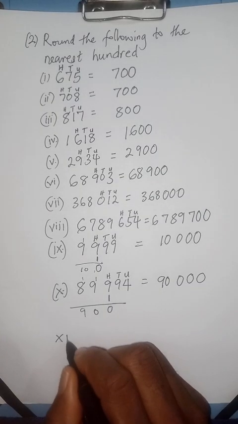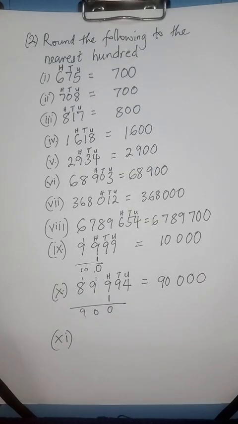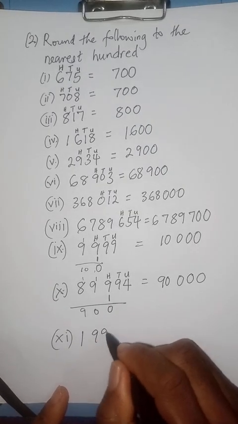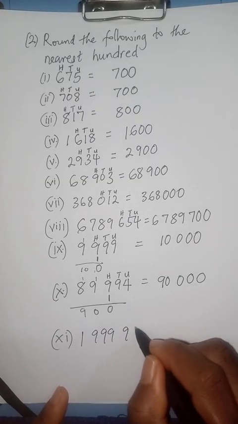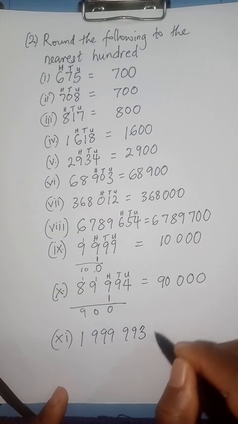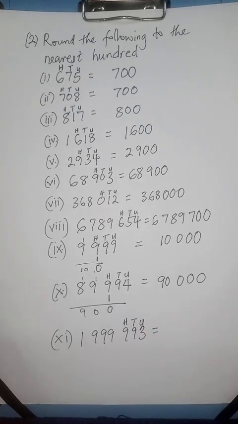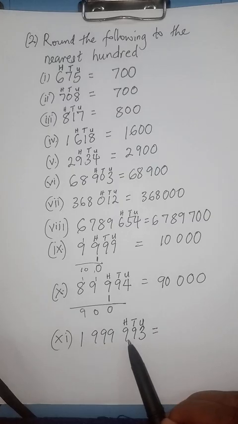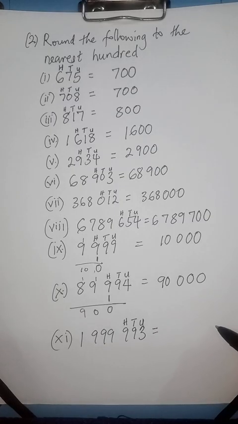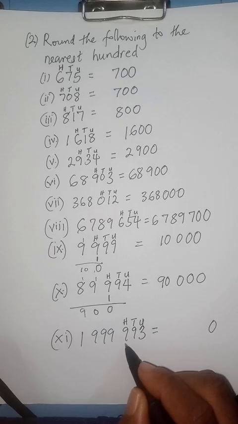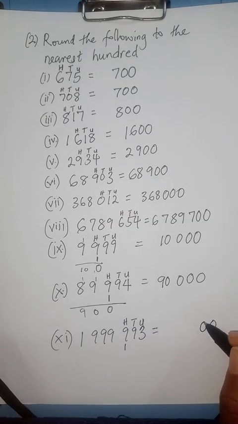Okay, let's do the last one. I hope this will help us to get the whole picture clearly. 9, 9, 9, 3. This is units, this is tens, and this is hundred. To the nearest hundred, remember, so our focus will be on the hundred and the tens. I'll convert the unit to 0. Now let's look at the tens. The digit there is 9, so I can round up by adding 1 to the hundred. So you convert the tens to 0.